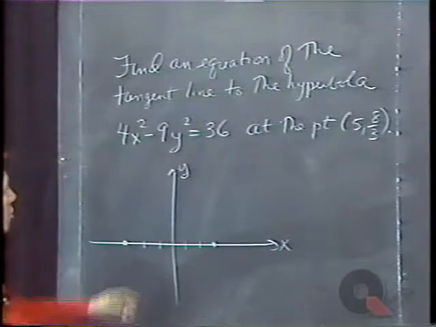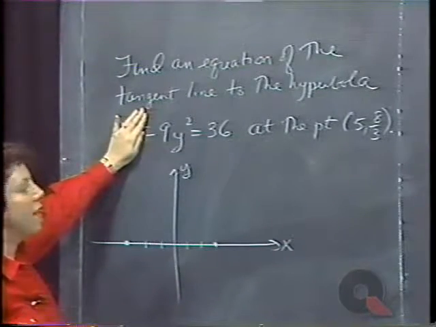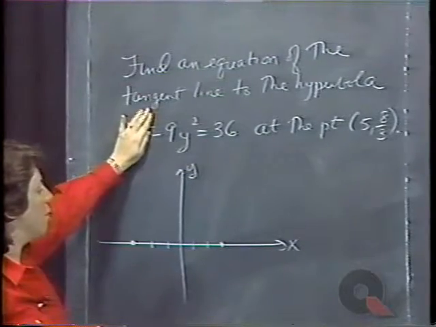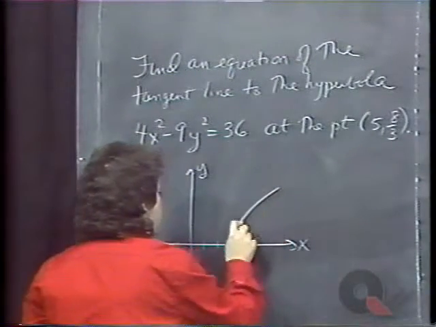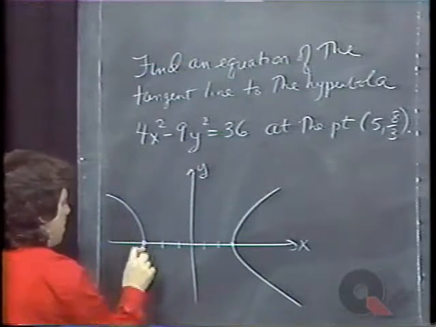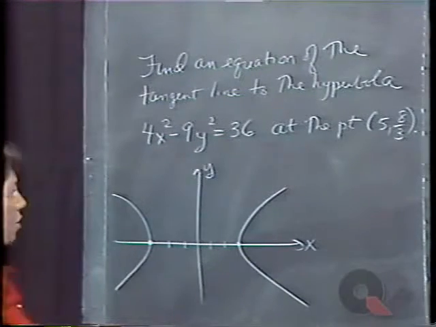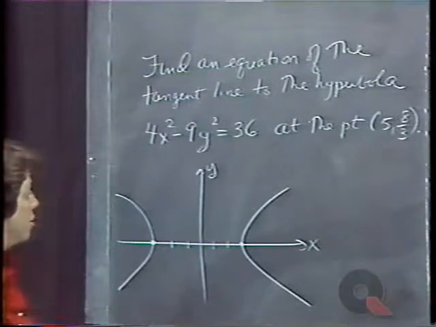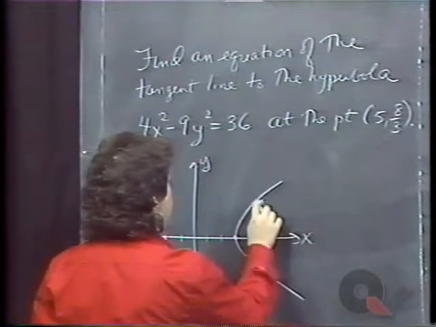If you're looking for y-intercepts, if x is 0, y squared is minus 4, and you cannot solve for y. There are no y-intercepts. The hyperbola is one that's opening left and right. Basic shape like that. And there's a point (5, 8/3) on the hyperbola, which would be about here.